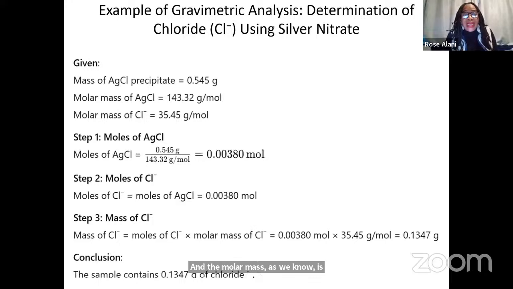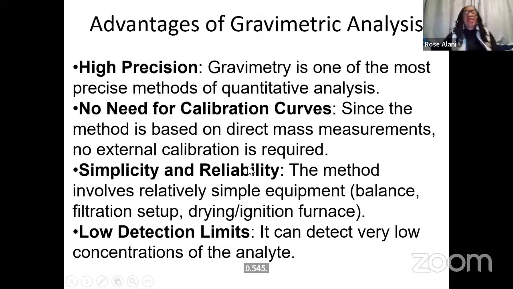You multiply and you have the mass of chloride in that sample. So that means we have 0.1345 grams of chloride in the 0.545 grams of silver chloride precipitate.